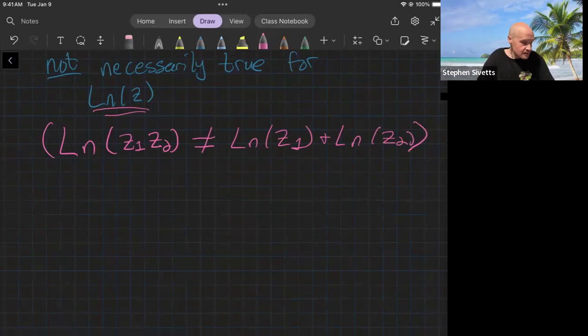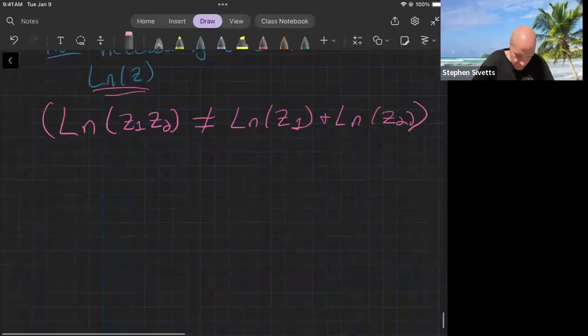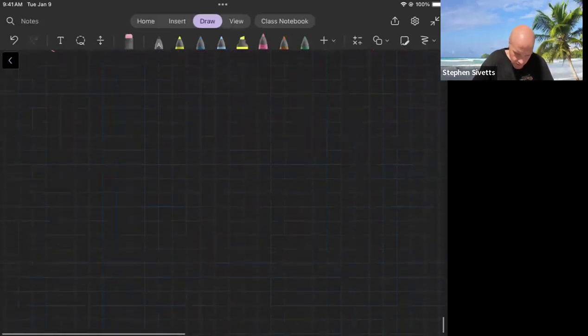So we cannot necessarily say this is true, right? Hopefully you keep that in mind.